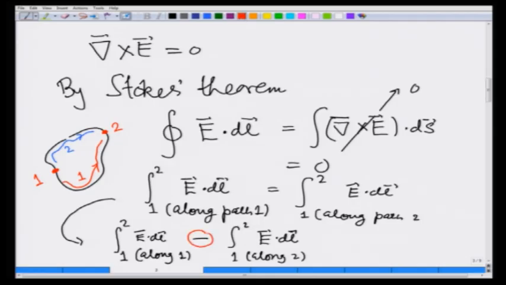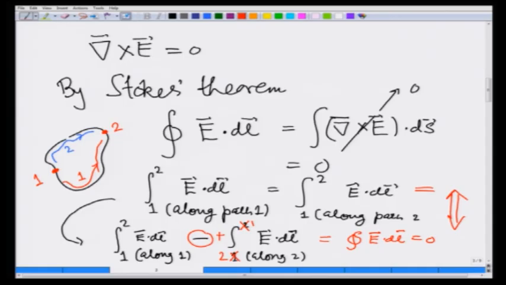I will make this plus and change this from 2 to 1, because going from 1 to 2 is same as minus going from 2 to 1, and therefore, it becomes 1 to 2 plus 2 to 1, and this becomes integral over the entire path E dot dl, which is 0. So, this condition implies this and vice versa.